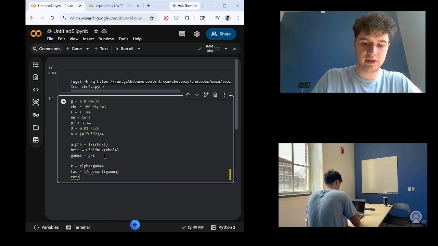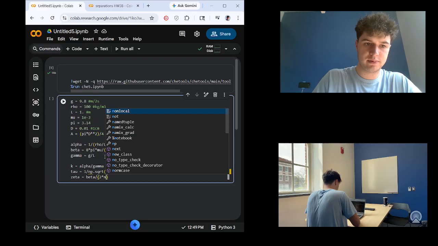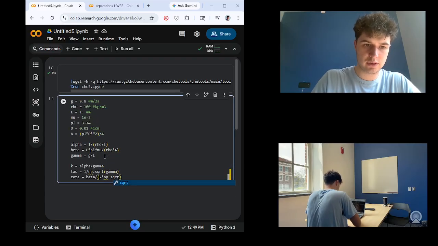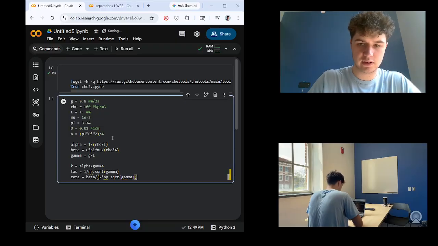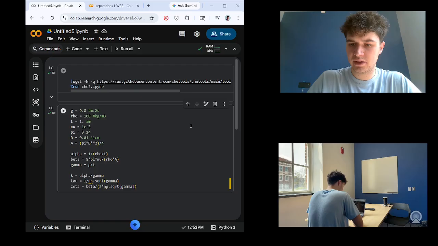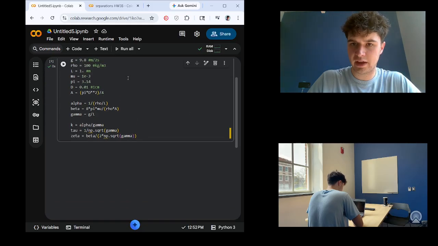And then zeta is going to be equal to beta divided by 2 times np dot square root of gamma. So now we will run this, and we are good to continue.